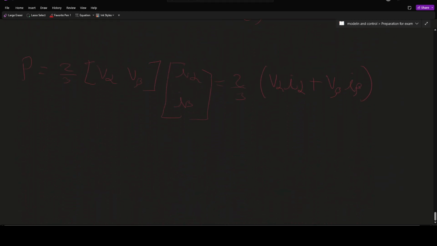So we know that this is how we calculate power. It's just as simple as plugging in the values. We have our alpha components and our beta components multiplied by 2/3.